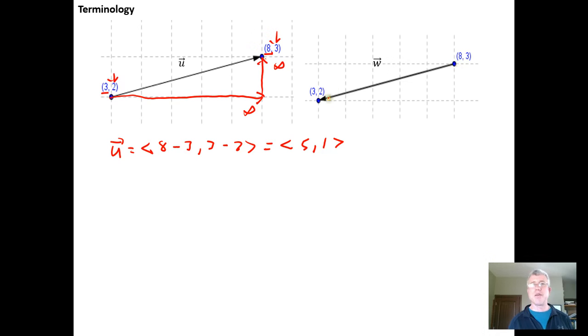Here, this vector has exactly the same 2 points, but now 8, 3 is the initial point and 3, 2 is the terminal point.